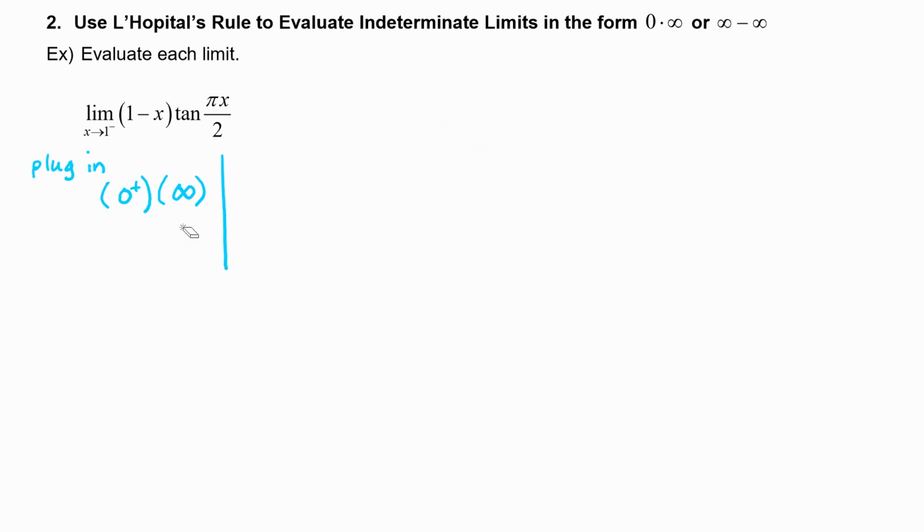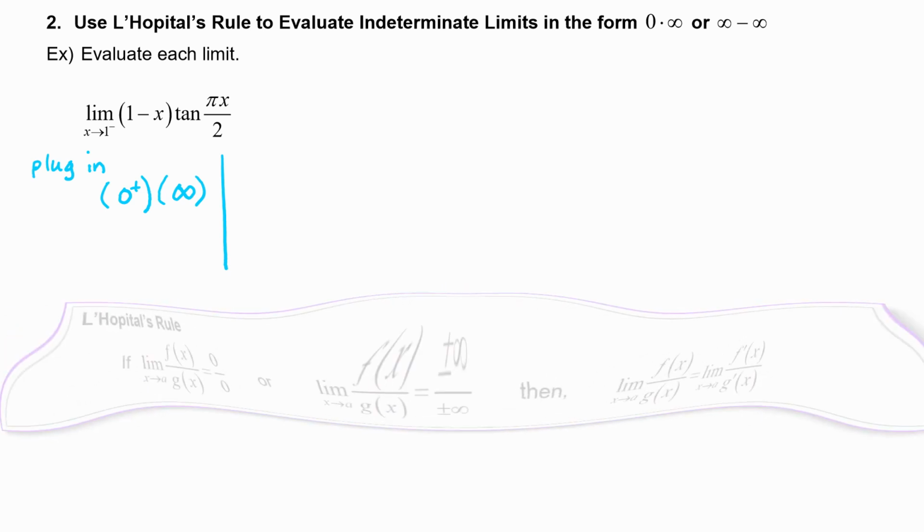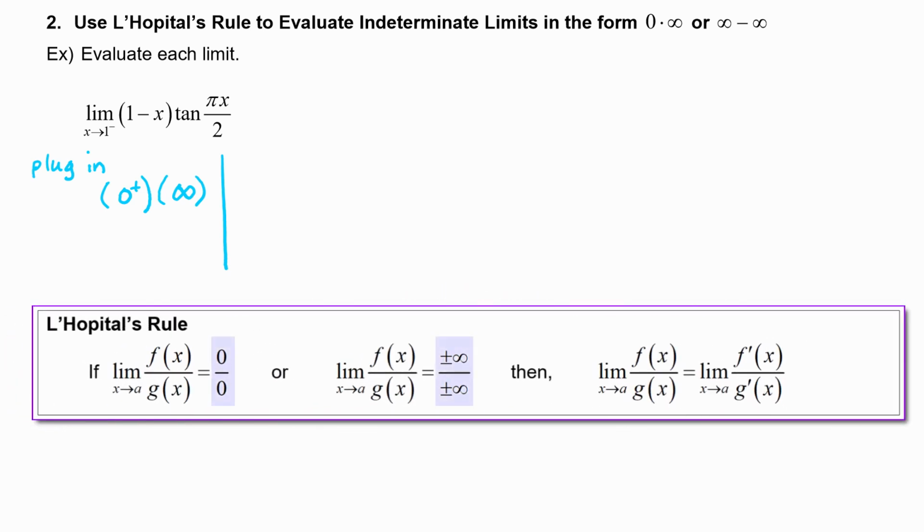When you get a limit in this form, you cannot apply L'Hopital's rule yet. So we have to reformat it to try to get it into the forms we can use L'Hopital's with, which are 0 over 0 or infinity over infinity.